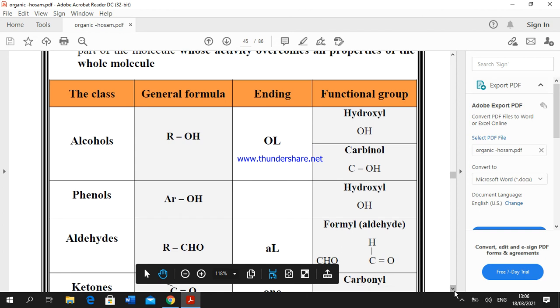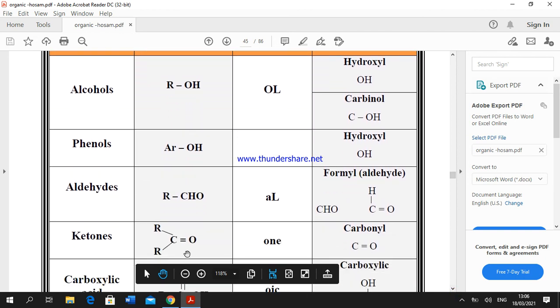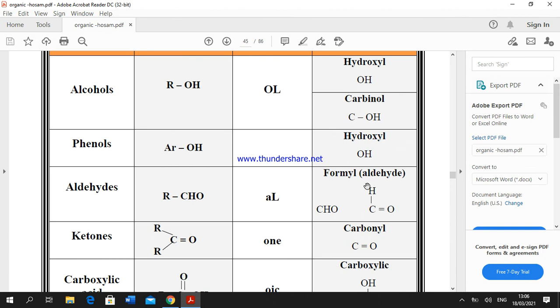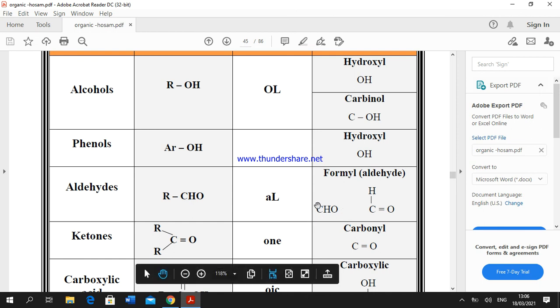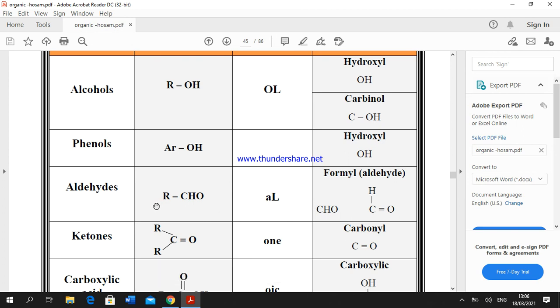Also we have aldehydes. The functional group in this class is known as aldehyde or formyl. It consists of carbon, hydrogen, and oxygen, and this is the chemical formula of the aldehyde functional group, where when an alkyl radical is attached to the aldehyde group, the class formed is known as aldehyde compounds.